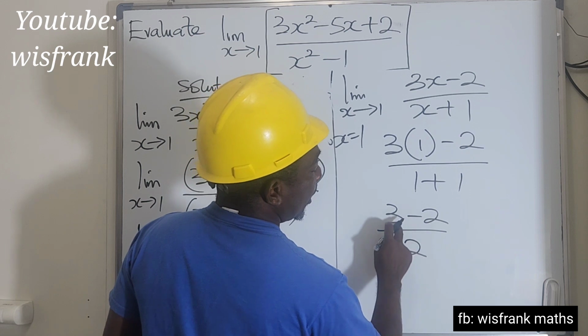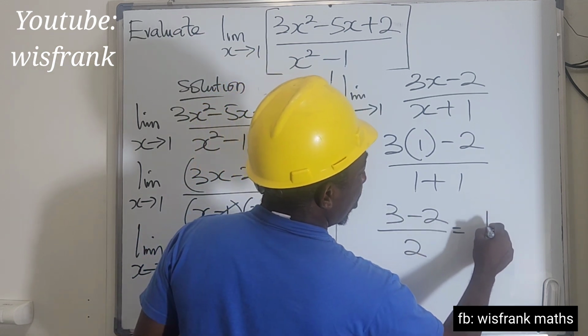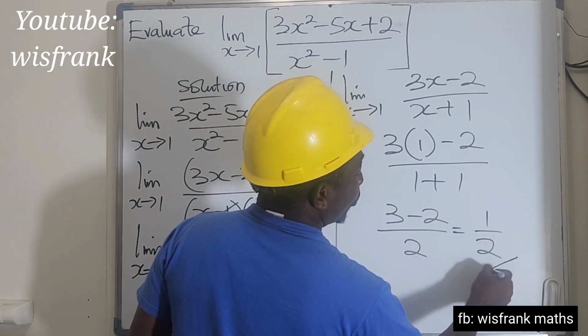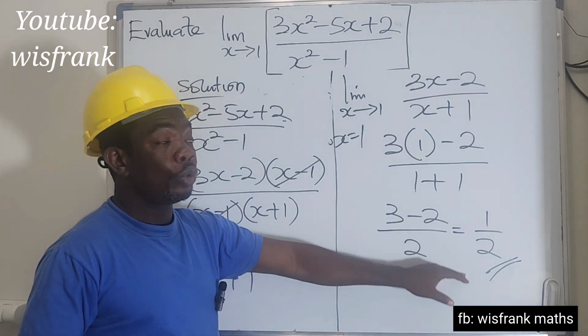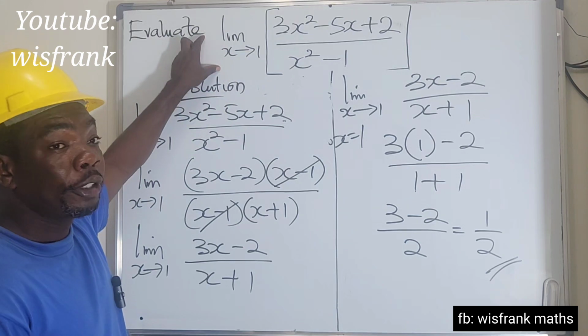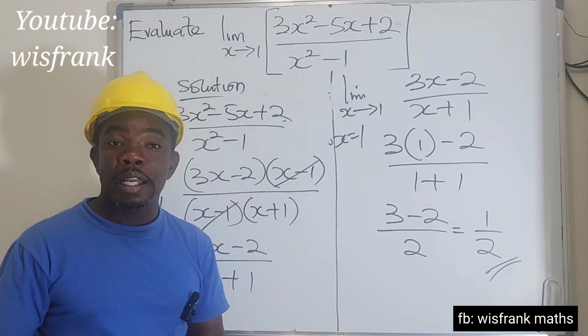So 3 minus 2 equals 1, then all over 2. So the value of this limit as x tends to 1 is 1 over 2.